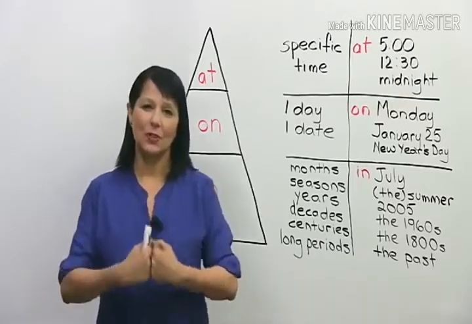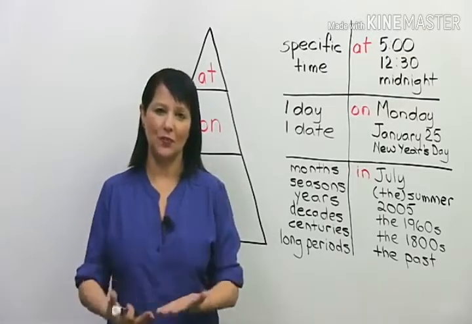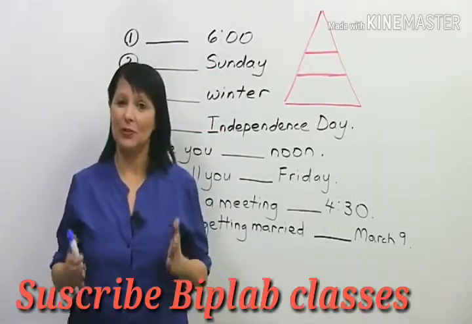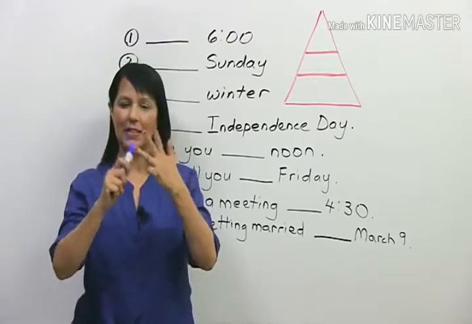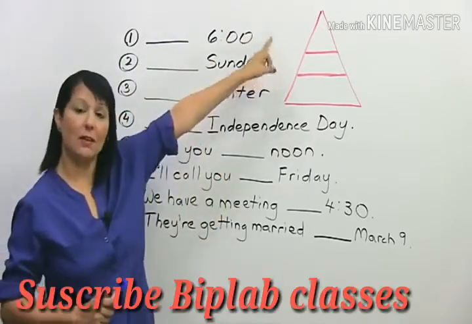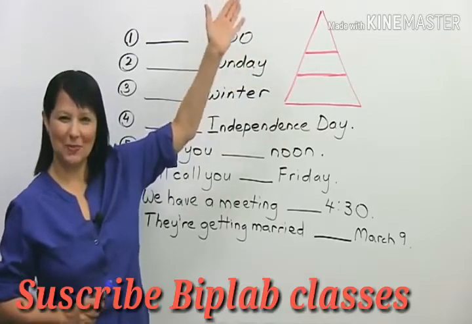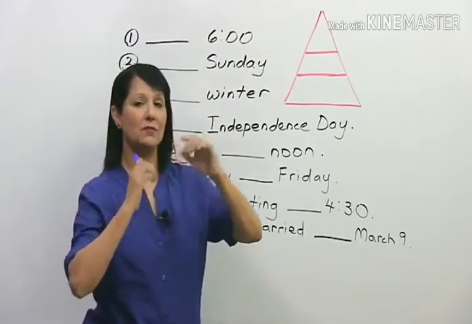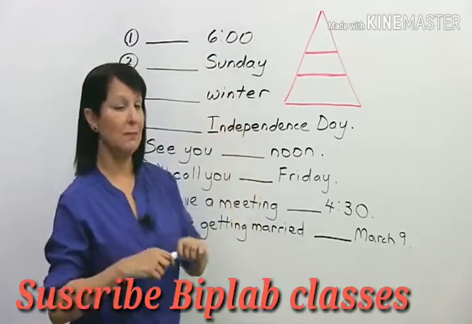Now, let's do a little practice to see how well you've understood this. Okay, now let's fill in the blanks with our 3 words, at, on, and in. But before we fill them in here, let's fill them in on our triangle. So, do you remember what goes at the top? What's very narrow and covers a very specific time?